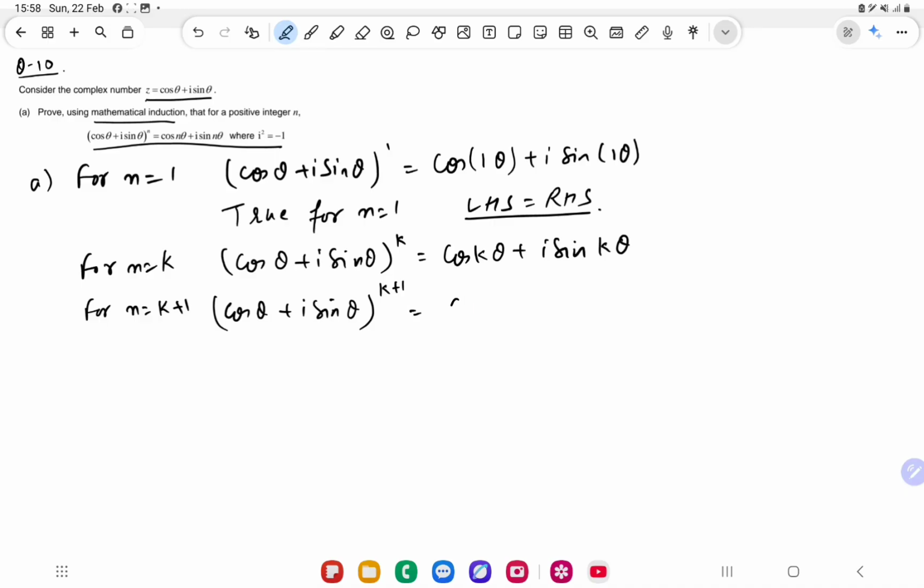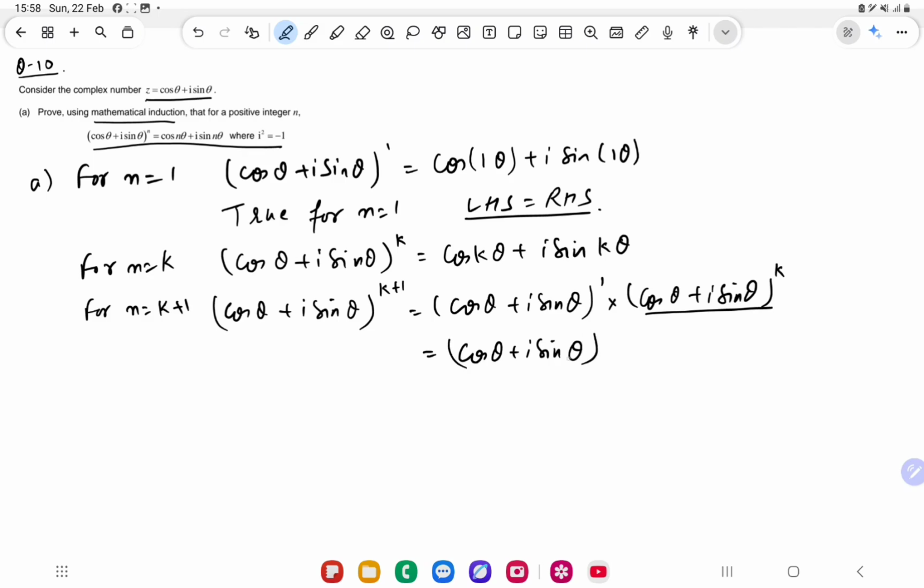This I can write as (cos theta plus i sin theta) to the power 1 multiplied by (cos theta plus i sin theta) to the power k. Now using the assumption, this will remain as it is, and this will become cos k theta plus i sin k theta.